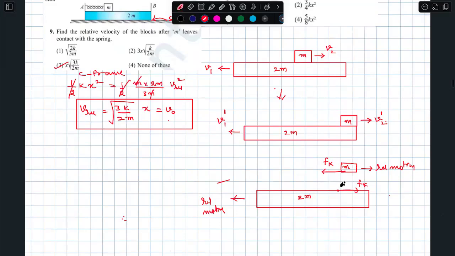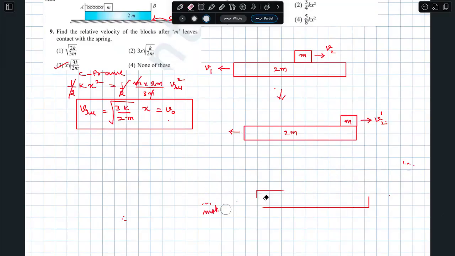Now, what is happening is, I'll explain. You should consider this in a collision style, not in friction style.